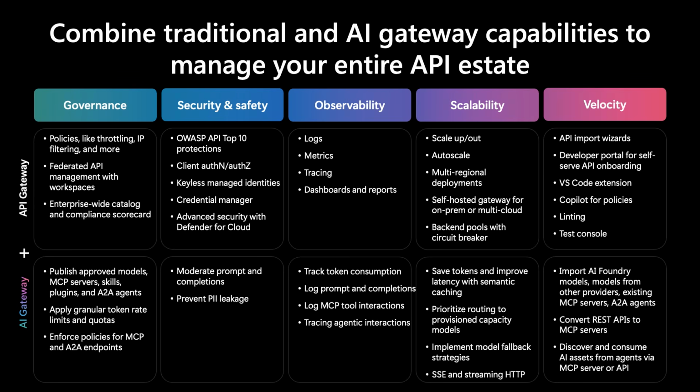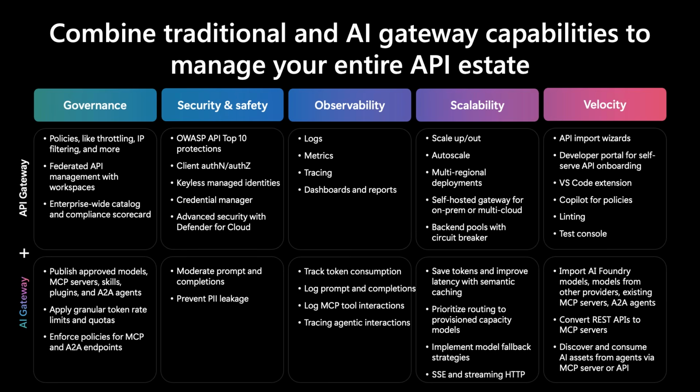We support client authentication and authorization, keyless management, identity, credential manager. All of these capabilities are extended to all the API management as well as AI endpoints. So within AI Gateway, we are now able to moderate prompts and completions. We are able to prevent PII leakage, any kind of private information.